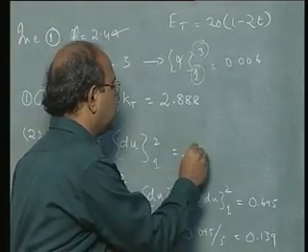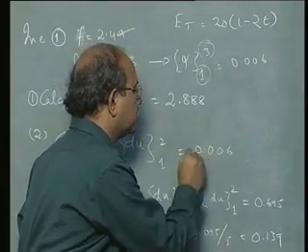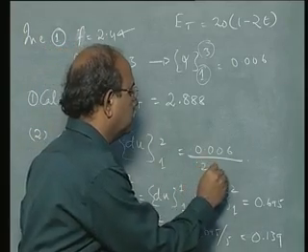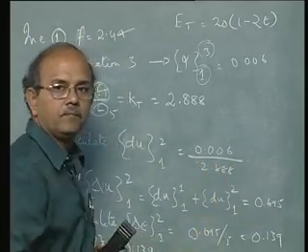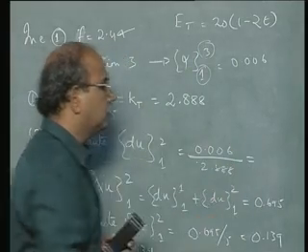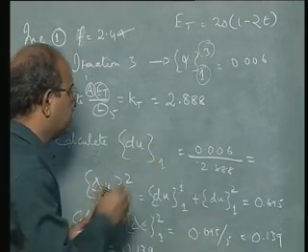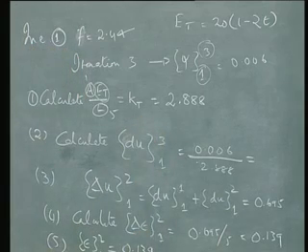So I have 0.006 divided by 2.888, and what is that value? So note that I have to change this. We are now in third iteration, still in first increment.